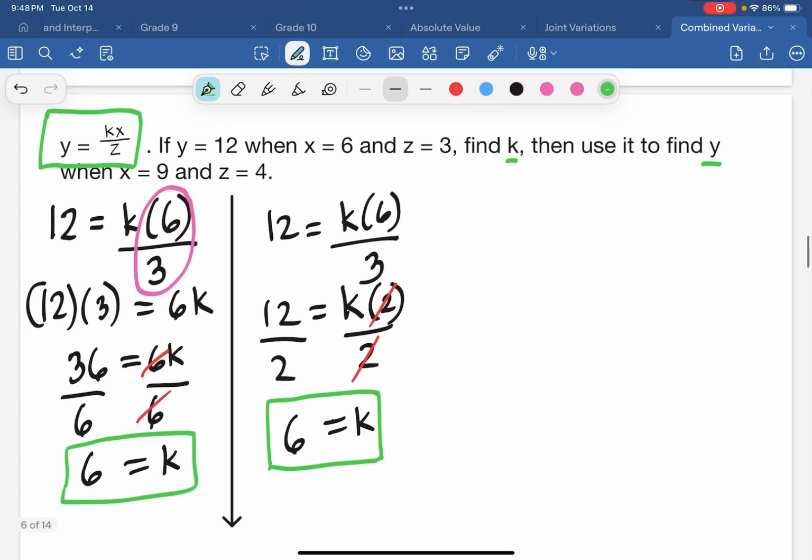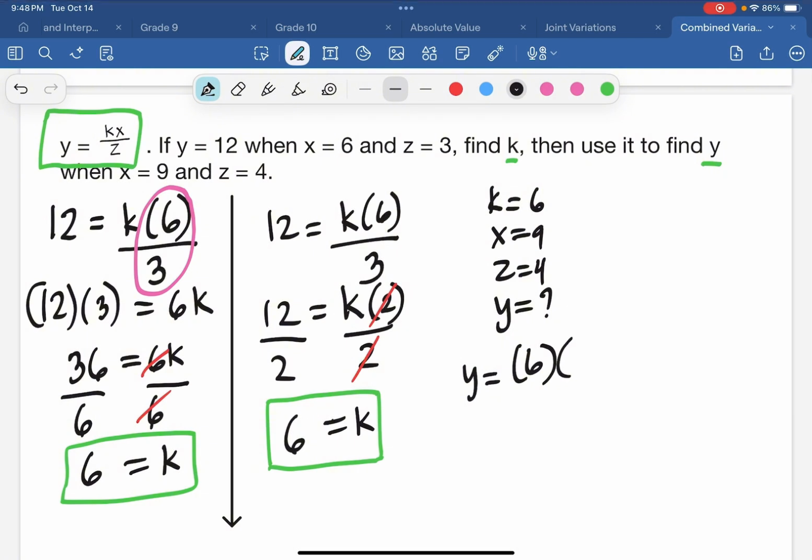Now, since we know that the value of the constant is 6, let's try to find y based on the second part of the problem when x is 9 and z is 4. So I'll just write the given. We have here k is 6, x is 9, z is 4, and y is missing. So y here is equal to k, which is 6, times x, which is 9, divided by 4.